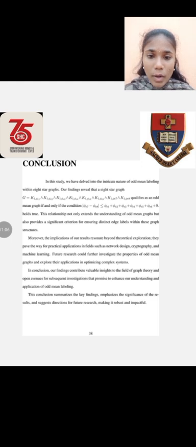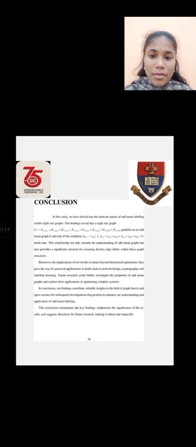This relation not only extends the understanding of odd-edge graphs but also provides a significant contribution for ensuring distinct edge labels within the graph structure.